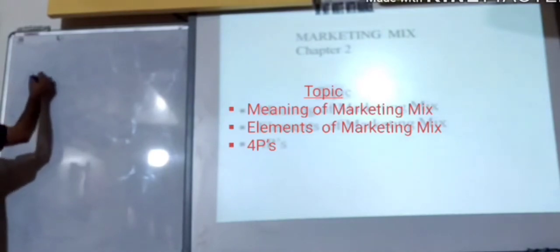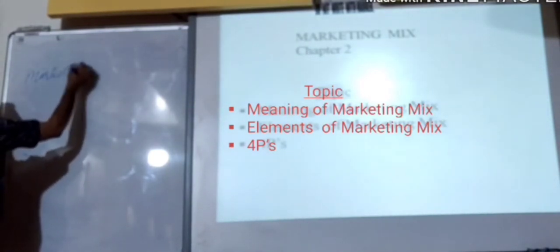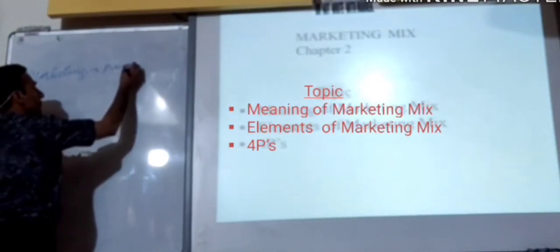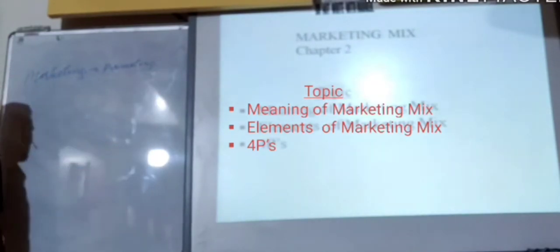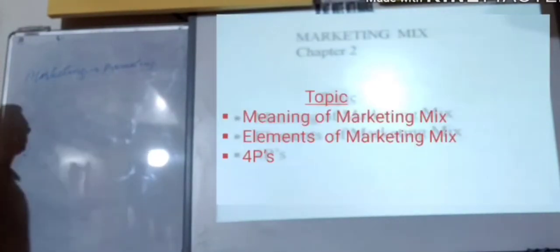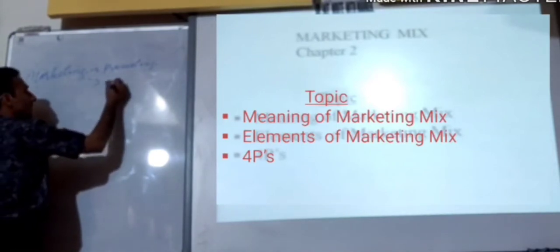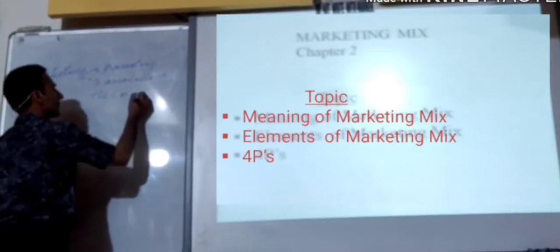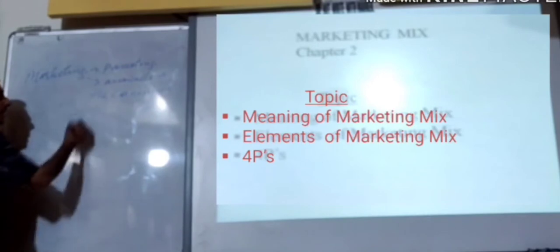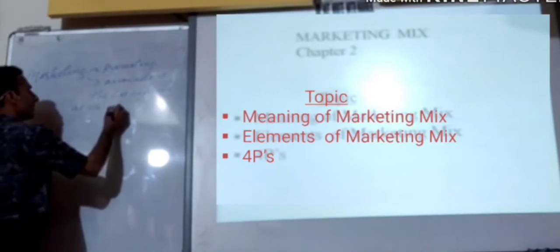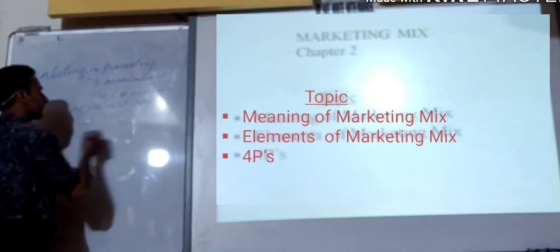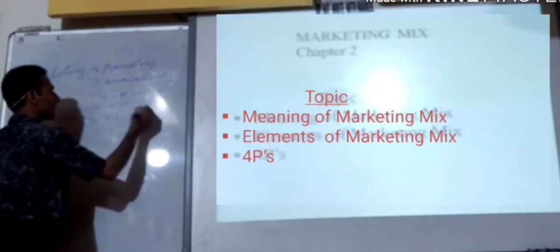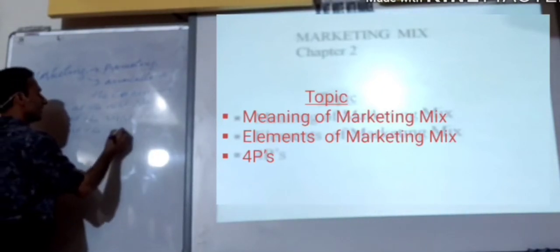So when we use the word marketing, which I have already done in the previous classes, marketing actually means promoting the goods or services of the business, or making these goods available to the consumers at the right place, at the right time, and at the right price.